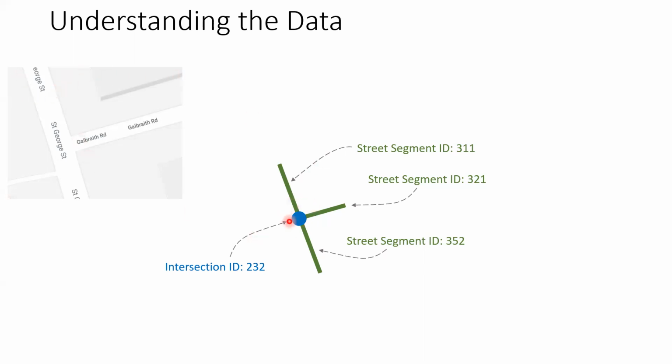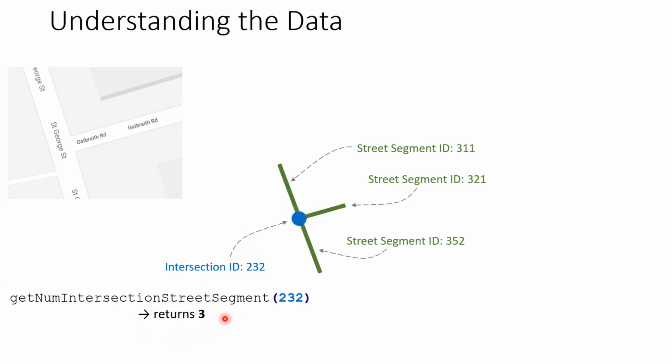So for any intersection, for example, this one, St. George and Galbraith, we have the intersection ID 232 and 3 street segments connected to it, all with different street segment IDs. So first, we will be calling the get non-intersection street segment on this intersection ID, 232.